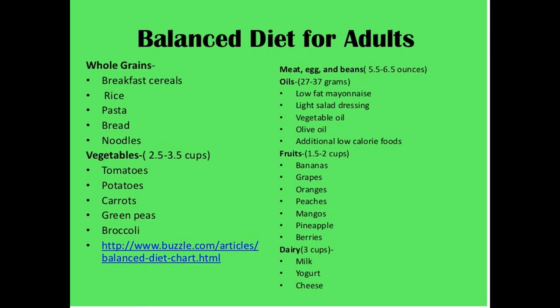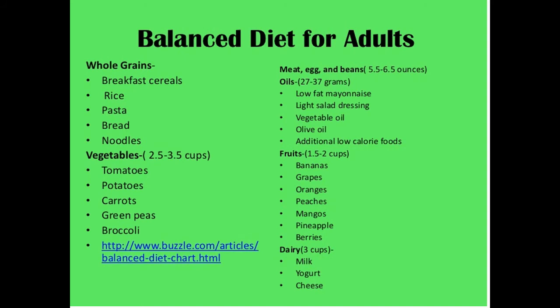Whether you are an egg eater, vegetarian or non-vegetarian, you should take 5.5 to 6.5 ounces of egg or meat. If you are taking oils, that should be about 27 to 37 grams. Why?